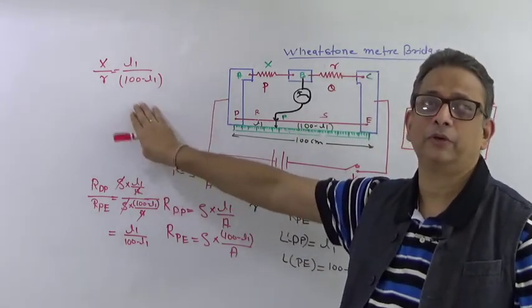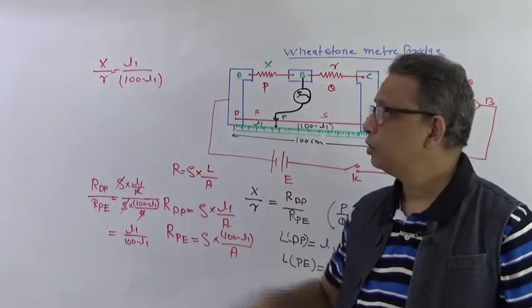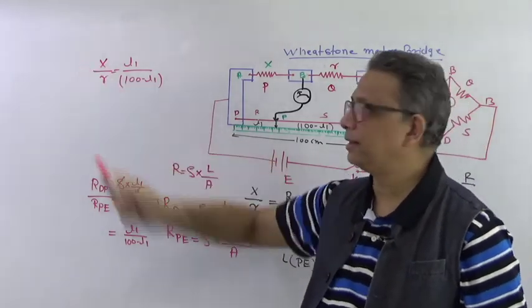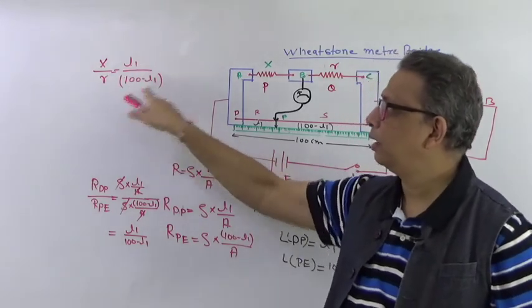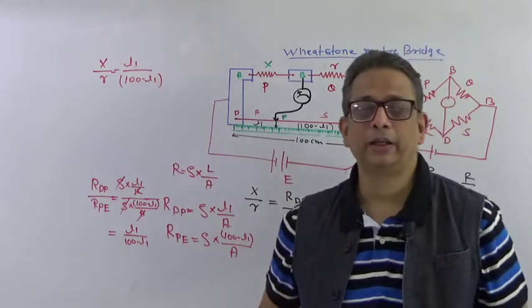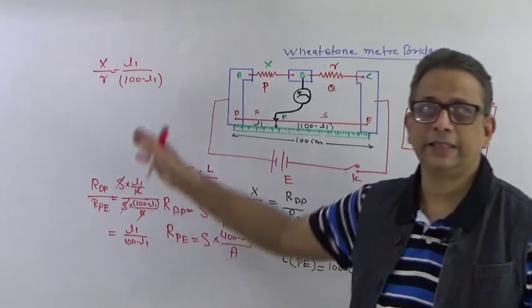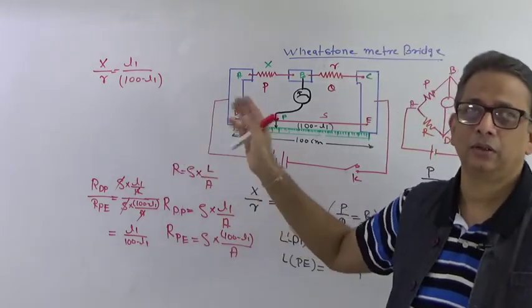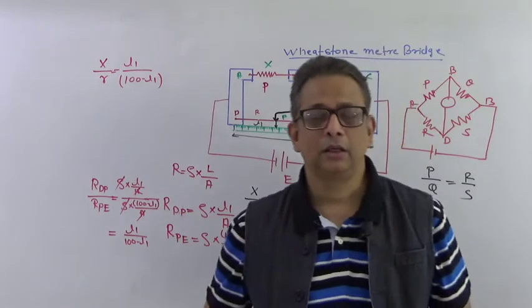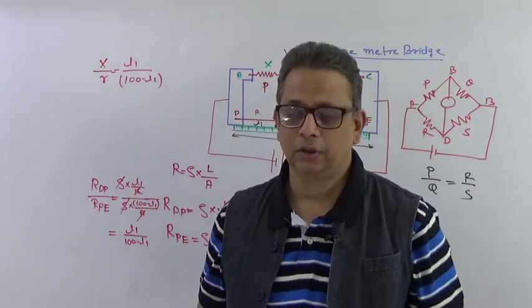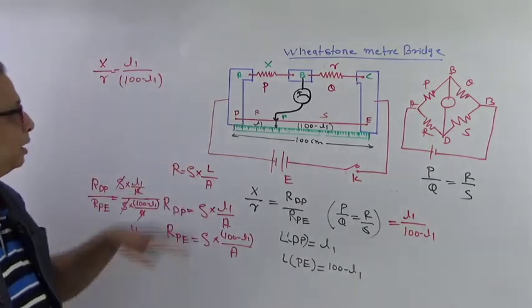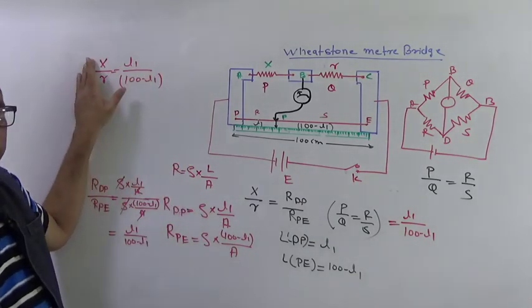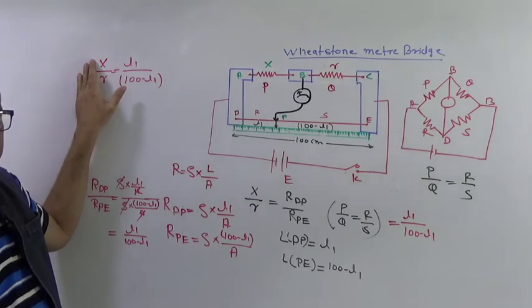So this is the formula for the Wheatstone meter bridge. If you have to find the value of X, an unknown resistance, the unknown resistance will be R into L1 upon 100 minus L1, right? From this equation you can find the value of the unknown resistance. The application of this meter bridge is to find the value of an unknown resistance capital X. Is that clear?